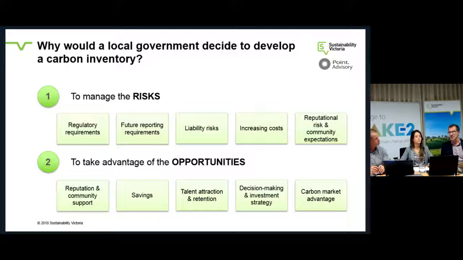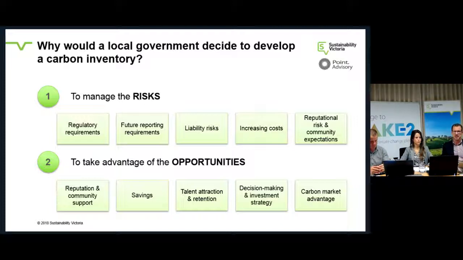I can't think of any other sources that may have been captured there, but for those local governments that own and operate landfills, those landfills would have been captured by the carbon price. Those councils were required to measure the emissions from those landfills, and then they were required to purchase carbon credits to neutralise, essentially, the value of the emissions from those landfills.